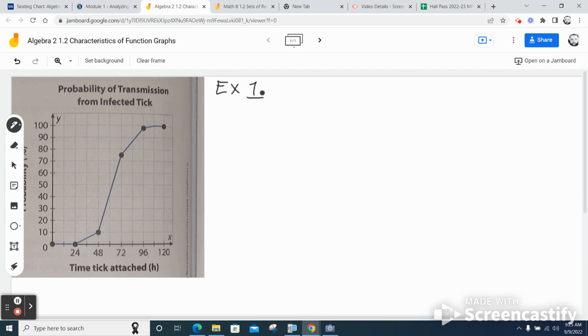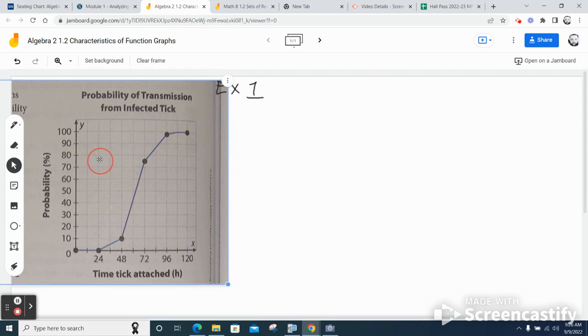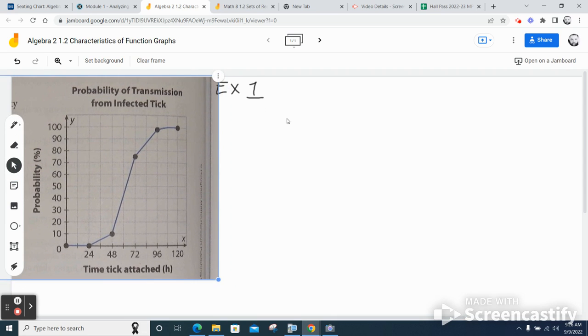So the first thing we want to do is identify the x and y axes. Now, remember, Mr. Adams says the x-axis is the independent variable, and you would say, well, how do I know something's an independent variable? It's easier to figure out what depends on what. So in this scenario, the probability depends on time.